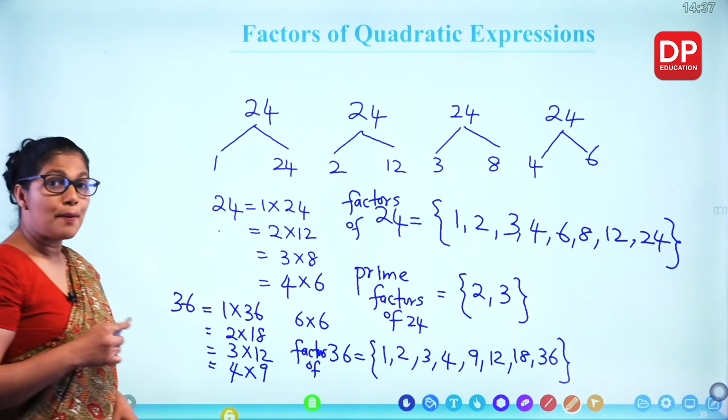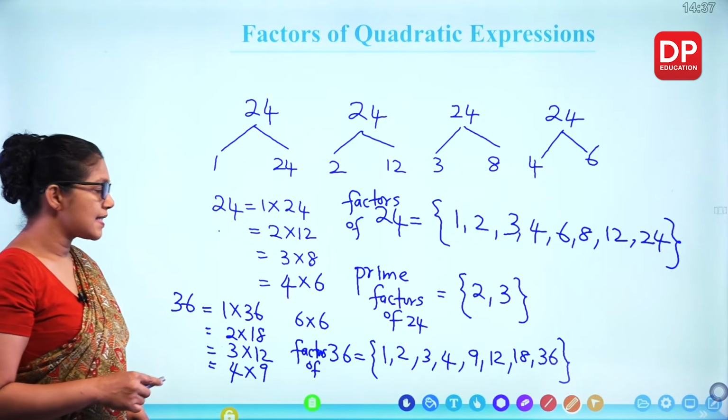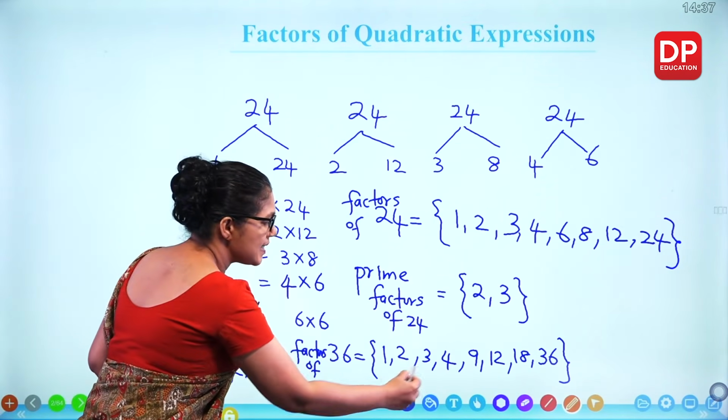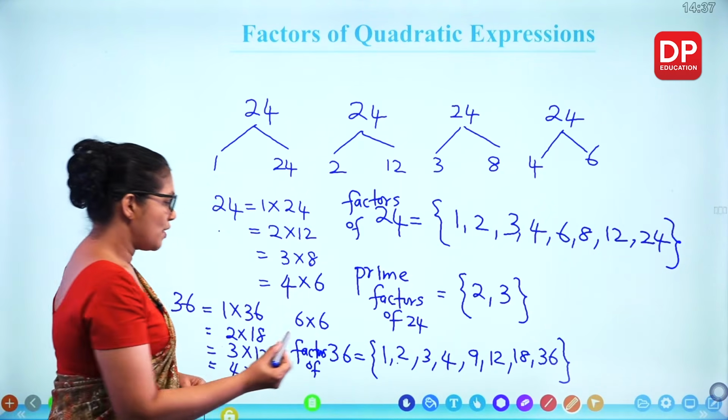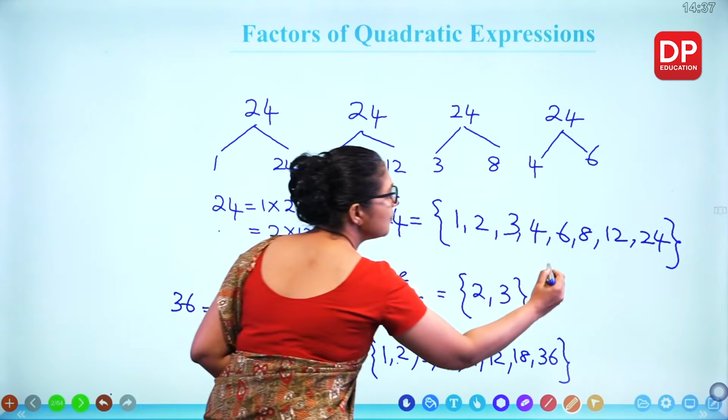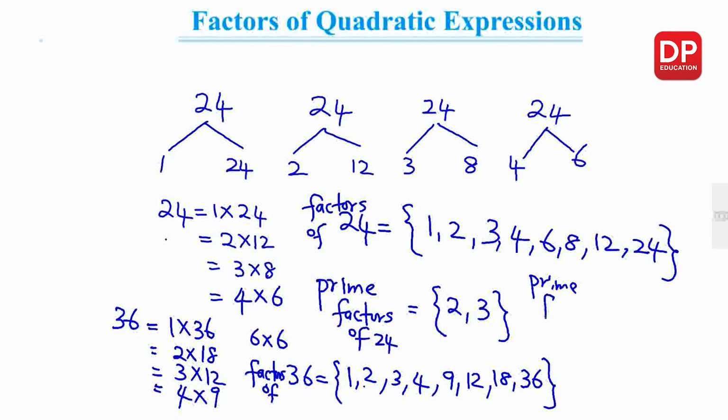If we want the prime factors of 36, what are the prime factors in this? We can see 2 and 3. So the prime factors of 36 are 2 and 3.